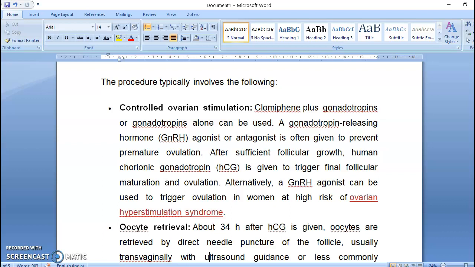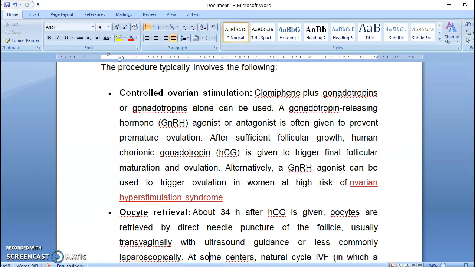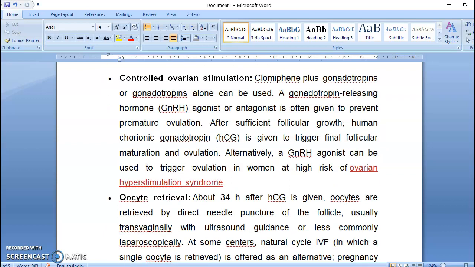After 34 hours, we can retrieve by direct needle puncture of the follicle, usually transvaginal. It is done through the vagina, from the lower part of the body, using ultrasound guidance, and very little chances are there when laparoscopy is being used.